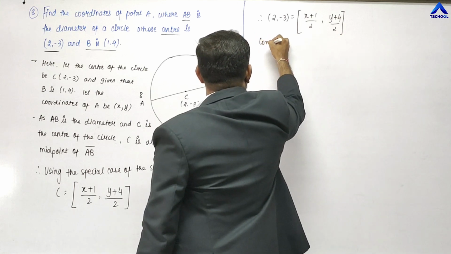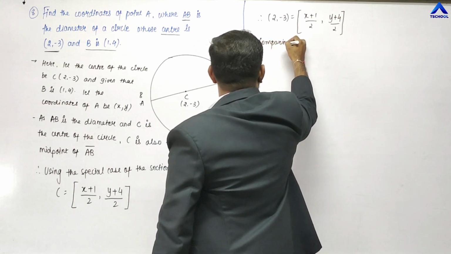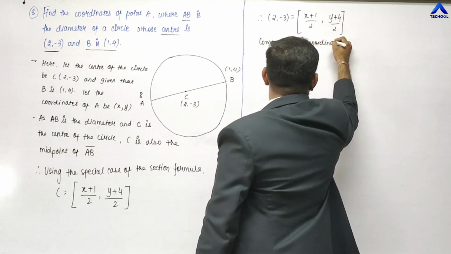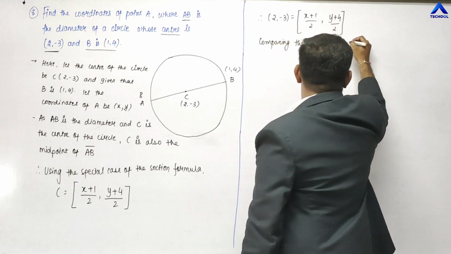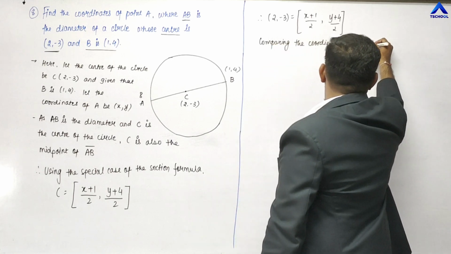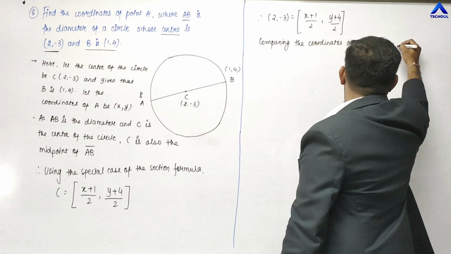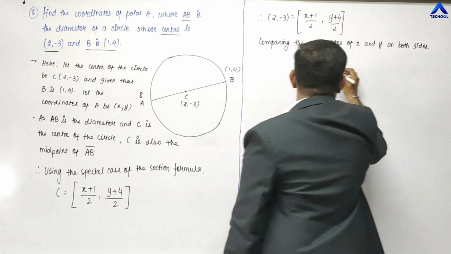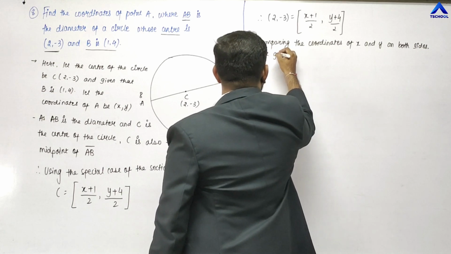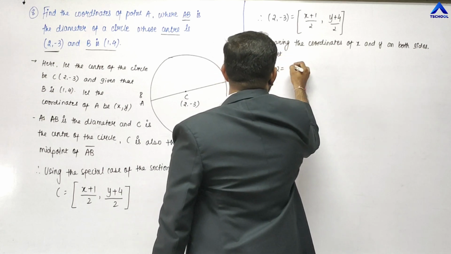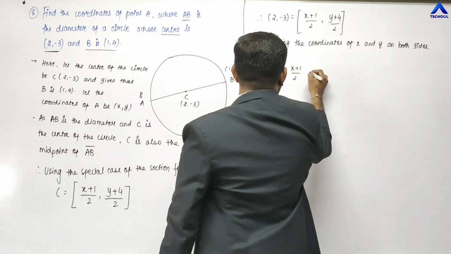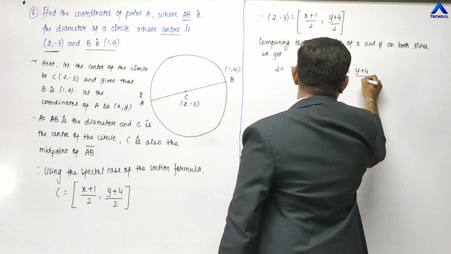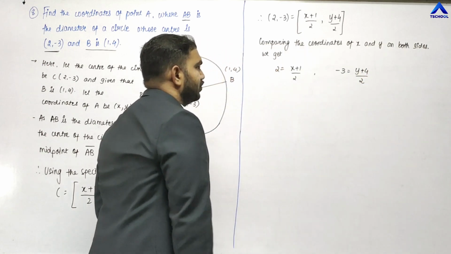Comparing the coordinates of x and y on both sides, we get 2 is equal to x plus 1 by 2, and -3 is equal to y plus 4 by 2.